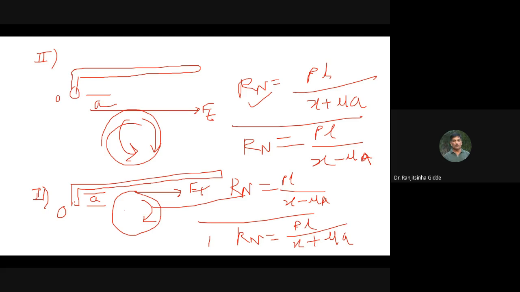This is for anti-clockwise. What is the difference? All equations are the same, only the change is with respect to the direction of the rotating wheel or the drum.